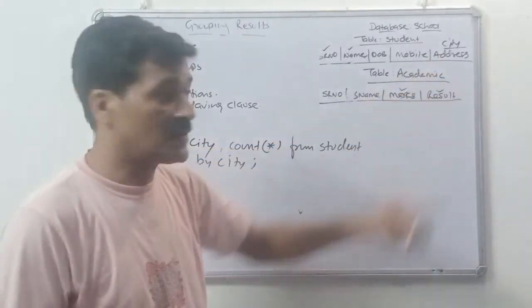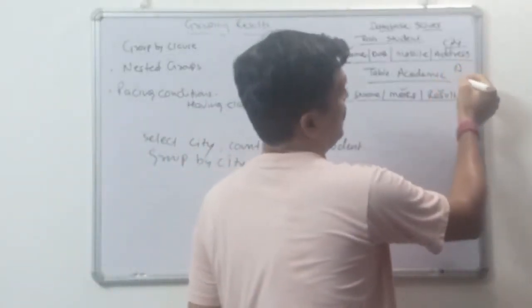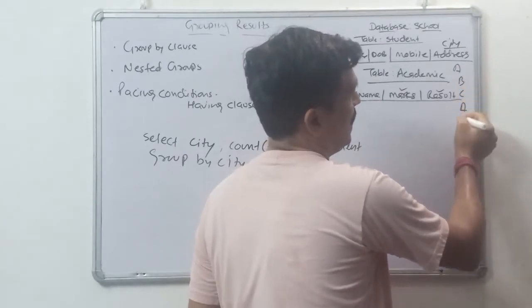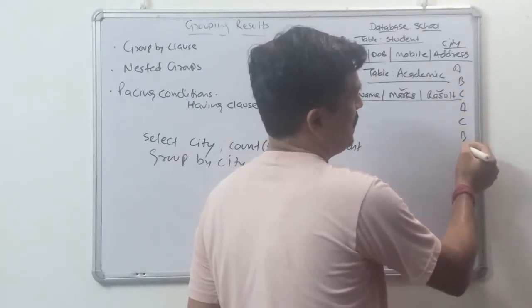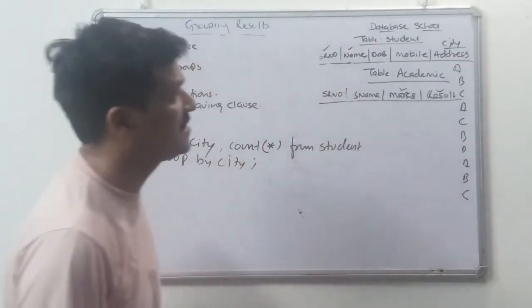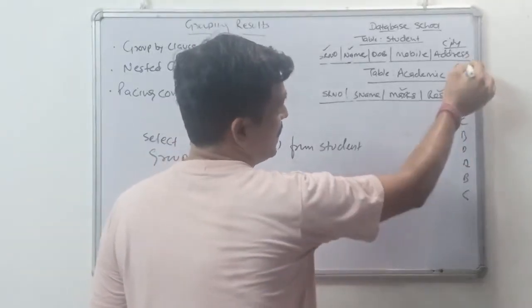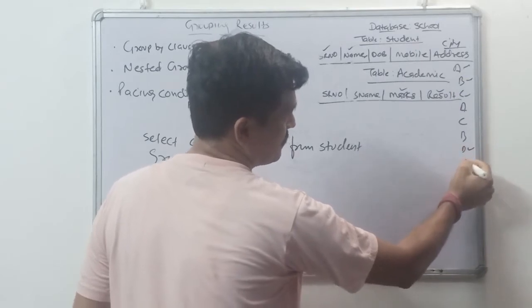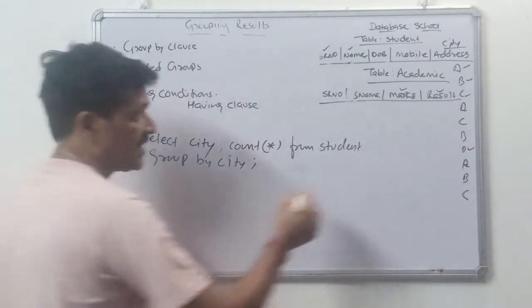So suppose the cities are A, B, C, A, C, B, D, A, B, C. How many groups will be created? A, B, C and D. 4 groups will be created.